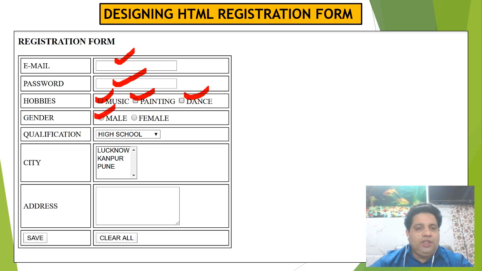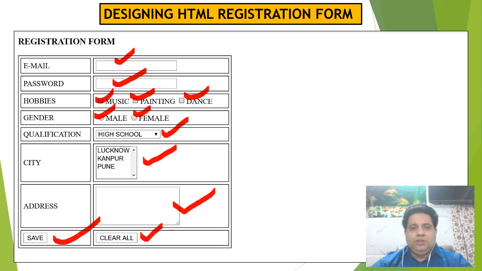It contains 2 radio buttons, only one can be selected. It contains a drop down list, it contains a list box, it contains a text area, it contains a submit button and a reset button. So how will you create it? You can find the coding that I am showing to you in the description given below. From there you can copy and paste this code. You can download it. This is the coding part.